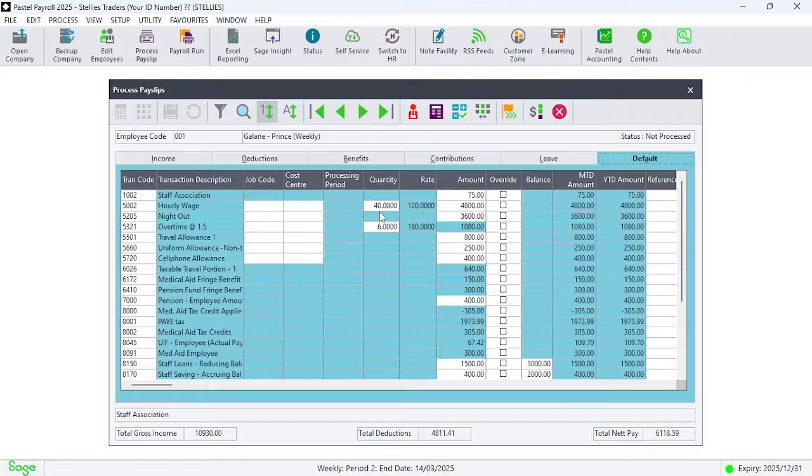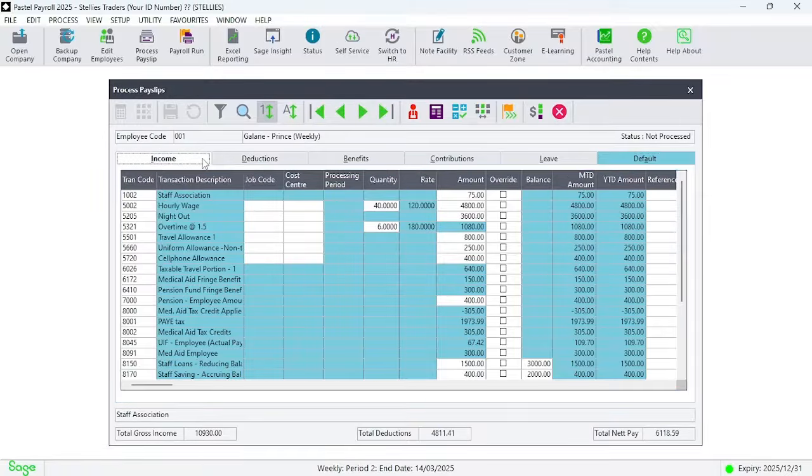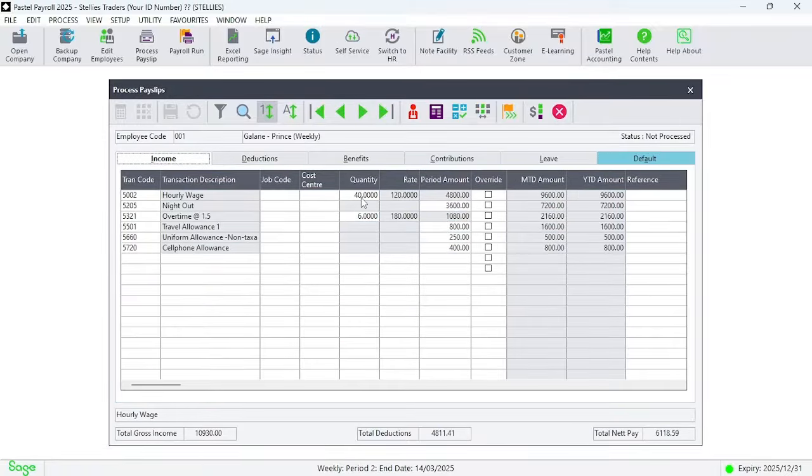So here we have a little bit of an issue that we need to rectify. So the best way out of this here is to go to income and change it here as 38, and we'll have to override it.